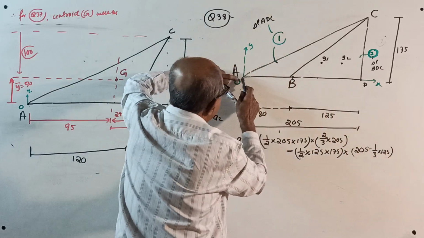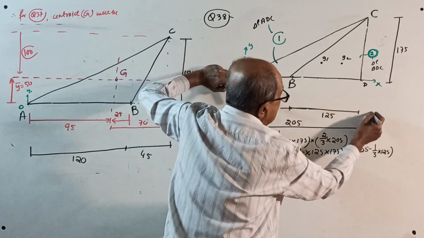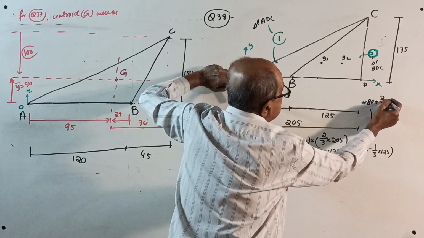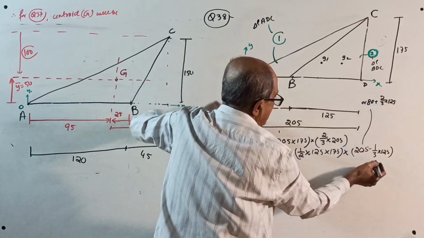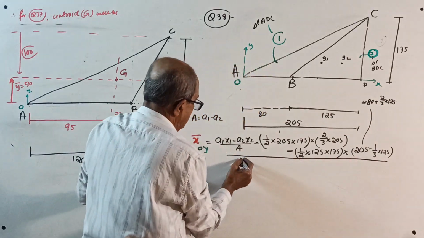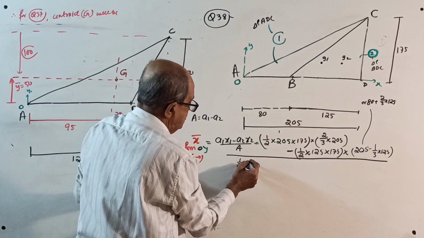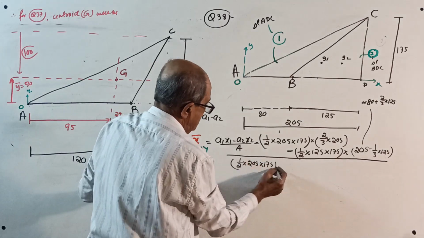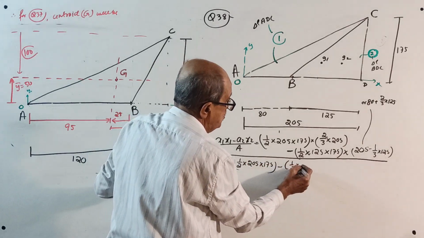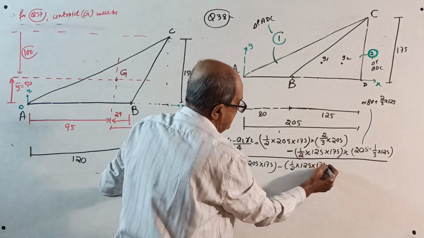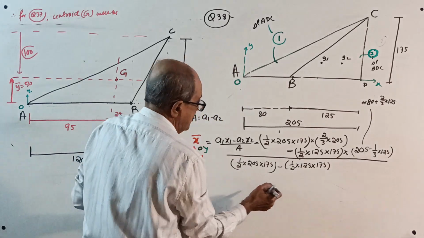Or you can write 80 plus 2/3 of 125. Both are okay. Divided by half into 205 into 175 minus half into 125 into 175. You will get x bar in millimeter.